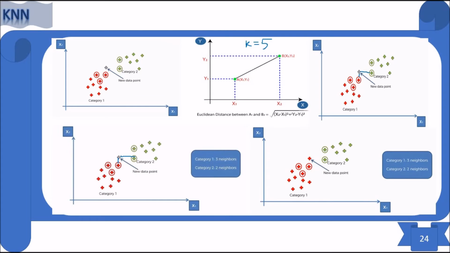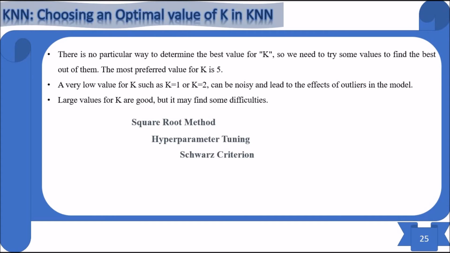Yeah, but there is no particular way to determine the best value of k. So we need to try some values to find out the best of them. The most preferred value for k is 5. A very low value for k, such as k equals 1 or k equals 2, can be noisy and lead to the effect of outliers in the model.